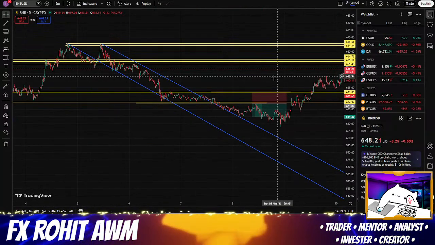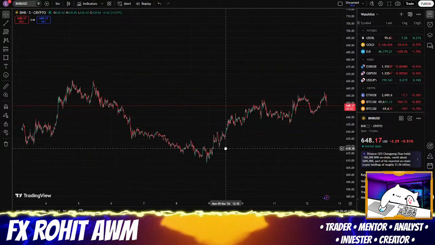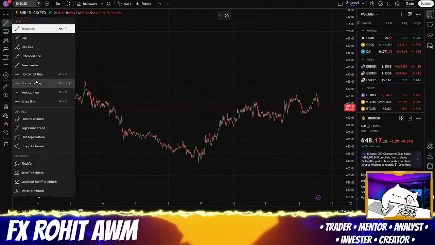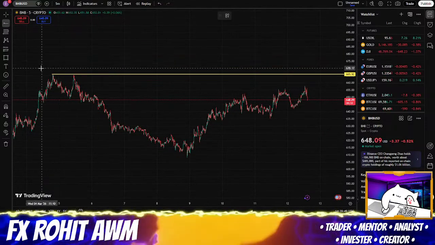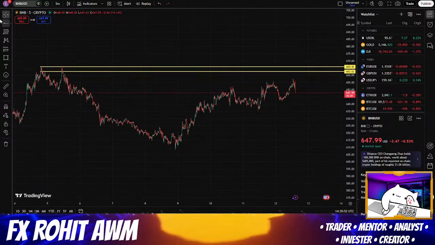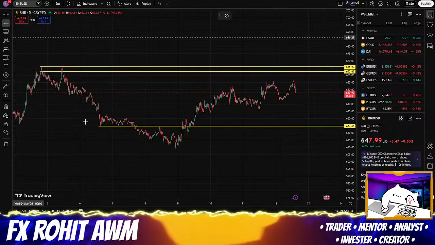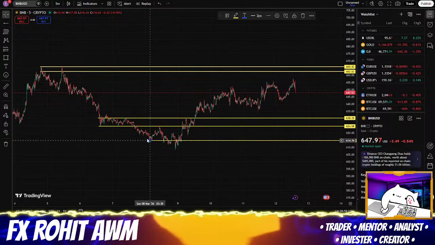So okay, guys, let's check. First of all, I remove that and then add them again. Okay, this is the market high. This is our high zone. This is our minor support zone, and this is our major support zone.